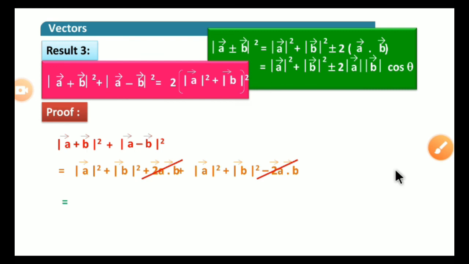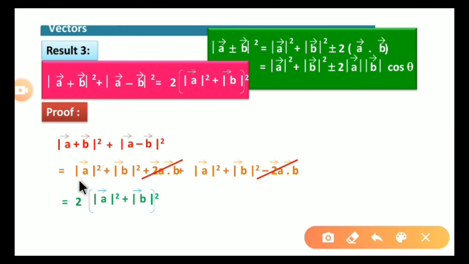Now we will have magnitude of A square, one term is here, magnitude of A square is another term, and similarly magnitude of B square is one term, magnitude of B square is the second term. So after adding and taking 2 common, we will have 2 into the bracket of magnitude of A square plus magnitude of B square.